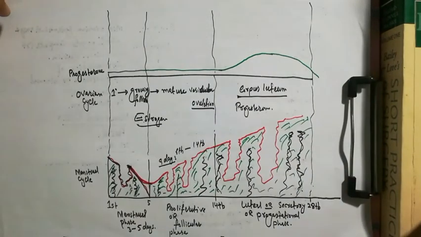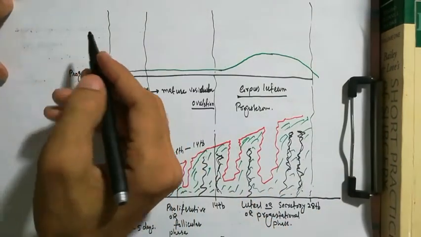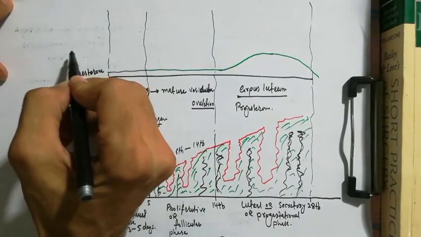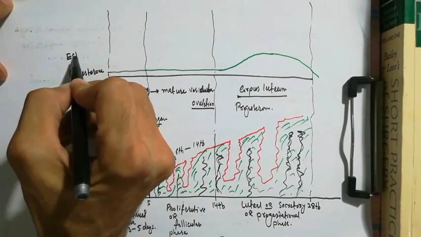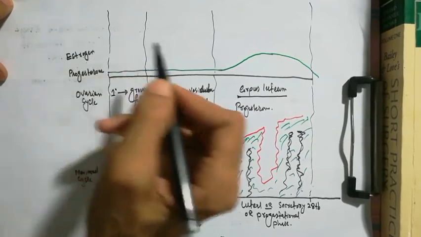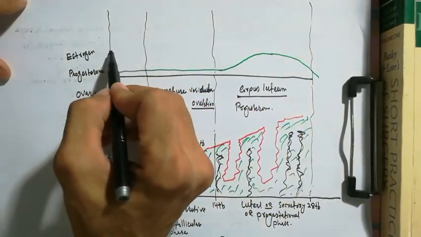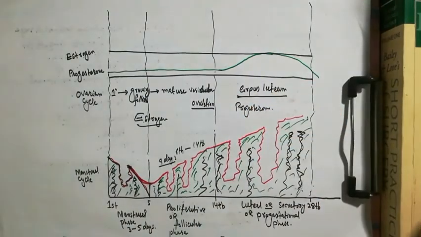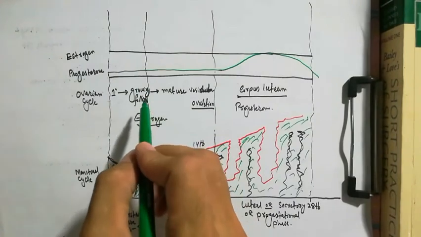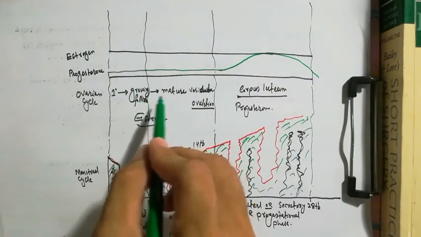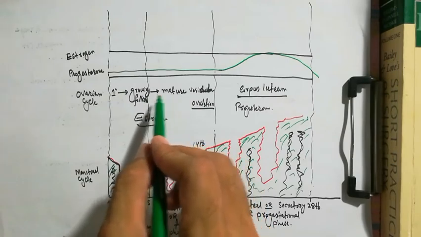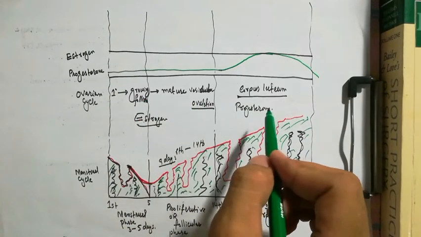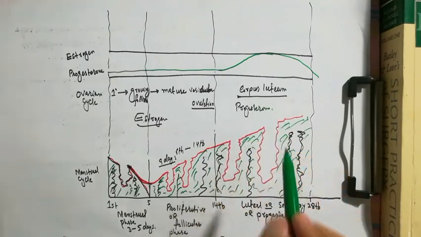Okay, and then estrogen. Suppose this is the baseline for estrogen. Estrogen is secreted from granulosa cells or follicular cells of ovarian follicles, and it is also secreted by corpus luteum.